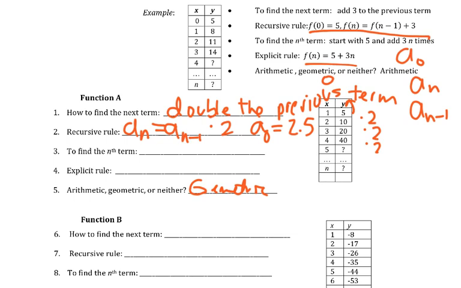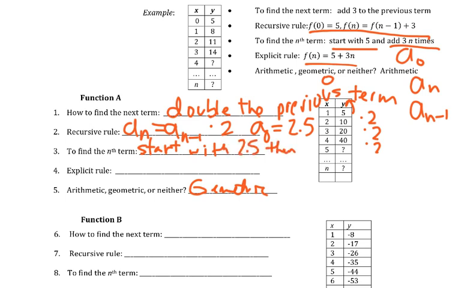Then to find the nth term, notice how they say we start with 5, then add 3 n amount of times. That's basically the same idea. Where did we start? Well, we start with 2.5.